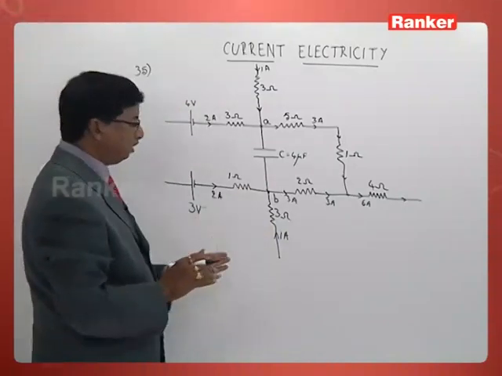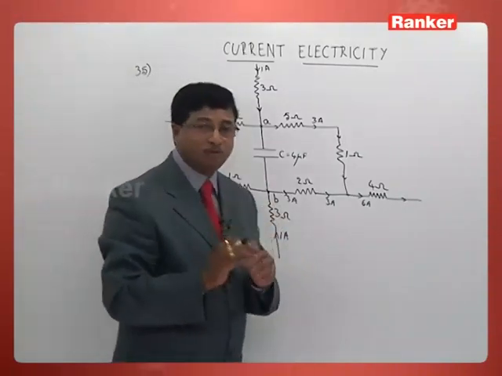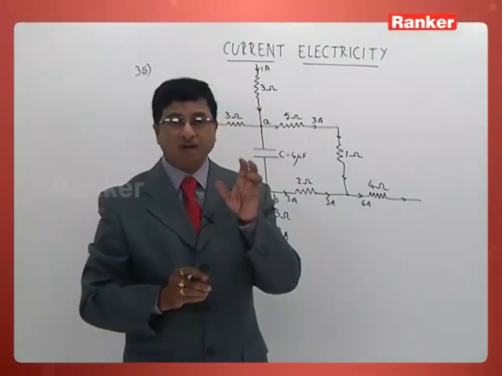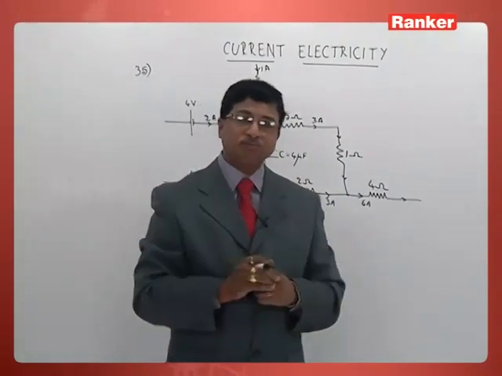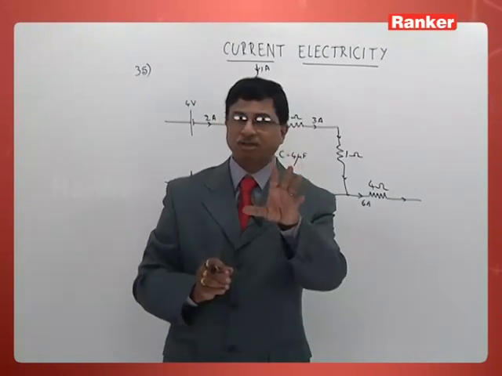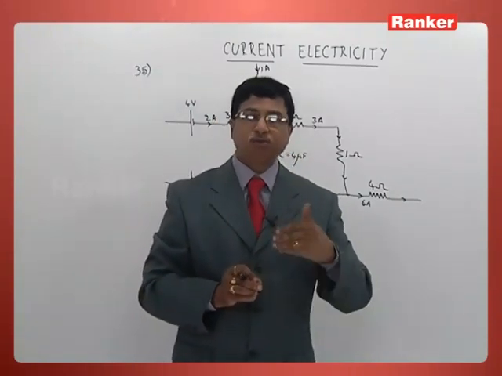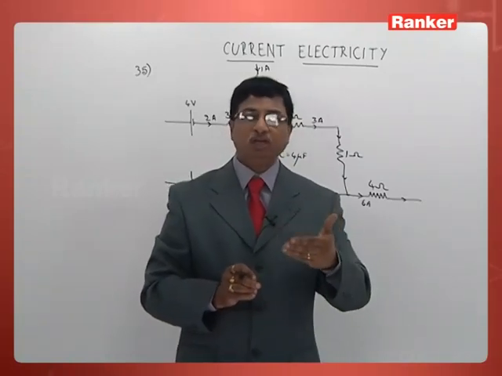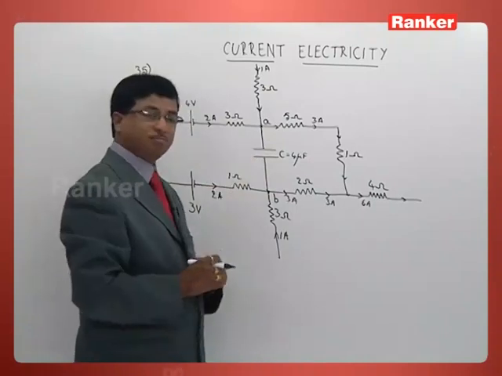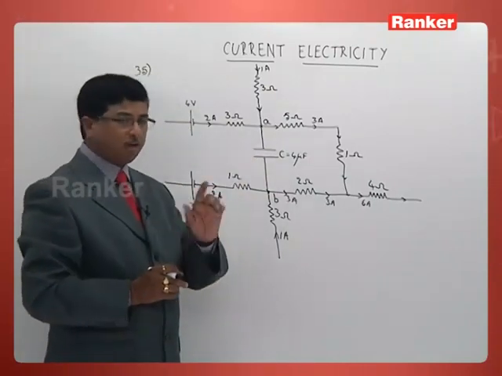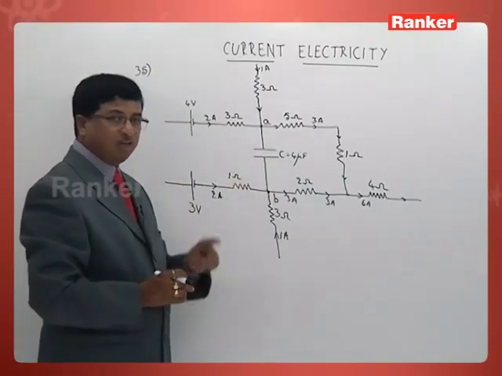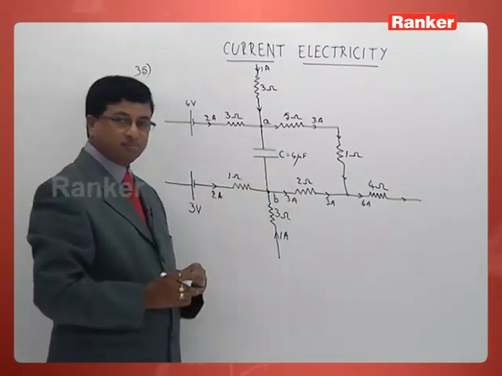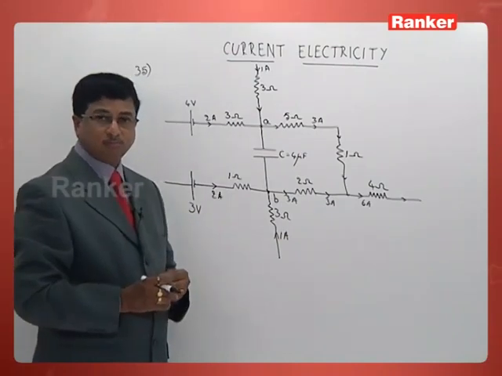In fact, it is not a single or a closed network. You should understand, it is a part of a major circuit. A small portion has been mentioned for us to calculate the energy that is stored in the capacitor. One thing you should understand from this circuit, if you want the energy stored in this, then what you should do?